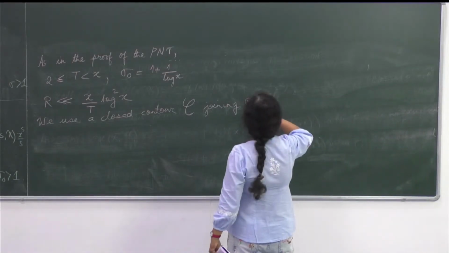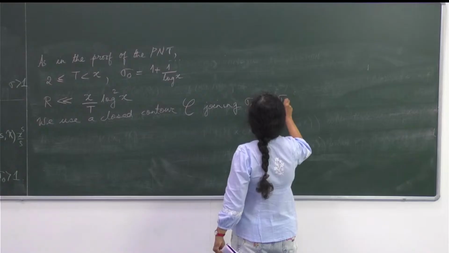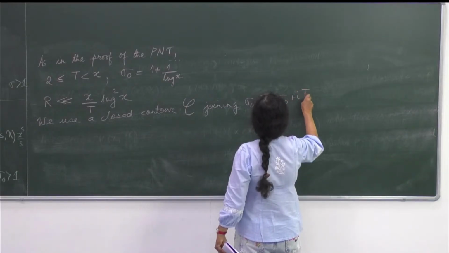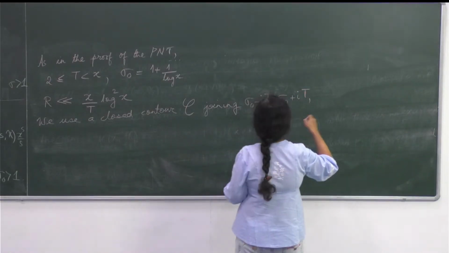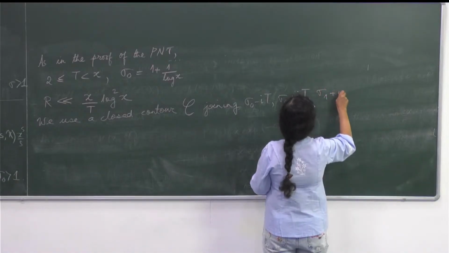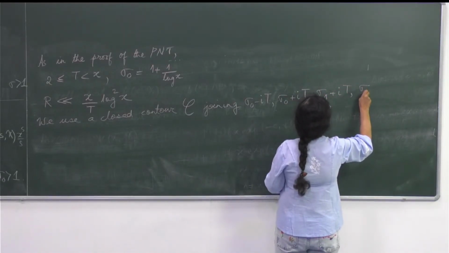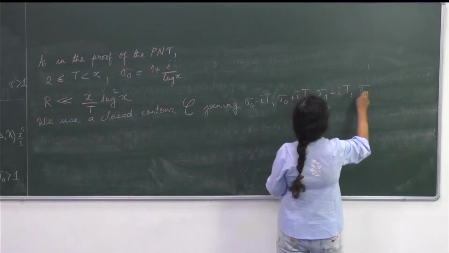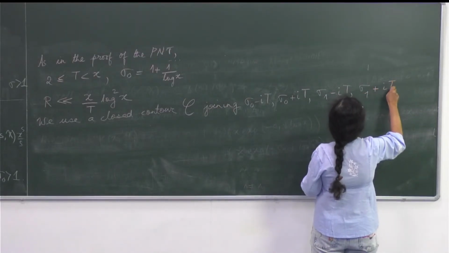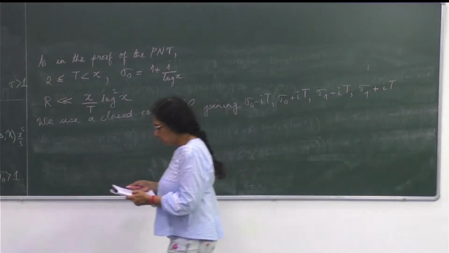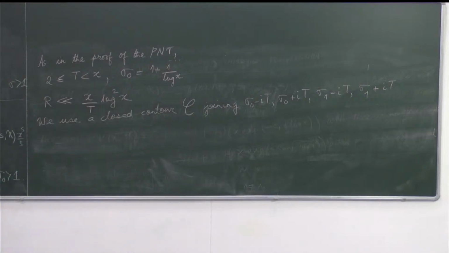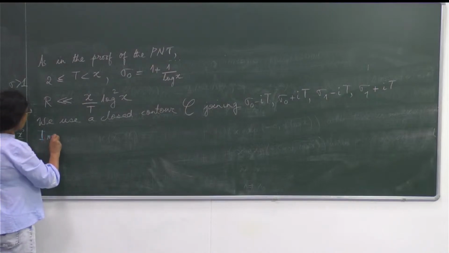So sigma 0 minus it, sigma 0 plus it, and then I will have 2 more points, sigma 1 plus it and sigma 1 minus it. So what do we have to do? The importance is to choose sigma 1. So it is important to choose sigma 1.